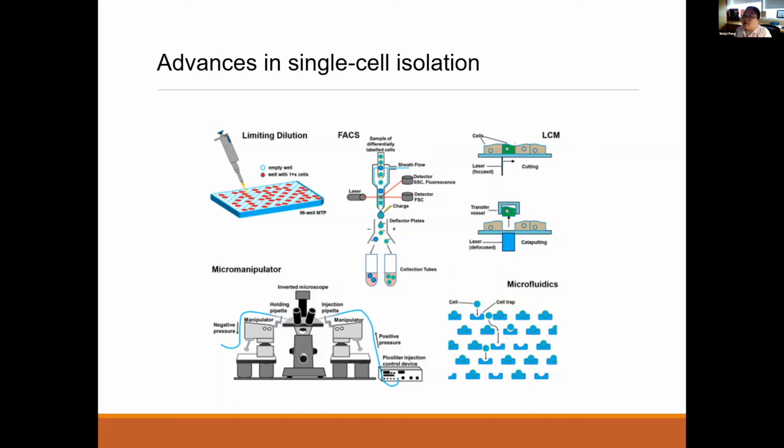At the early stage, when we wanted to do single cell characterization, we mostly used the limiting dilution method, which is diluting the cells to lower concentrations and placing one cell per well to do the study. Later we got flow cytometry and the laser capture microscope.